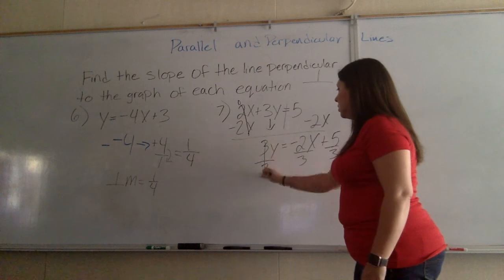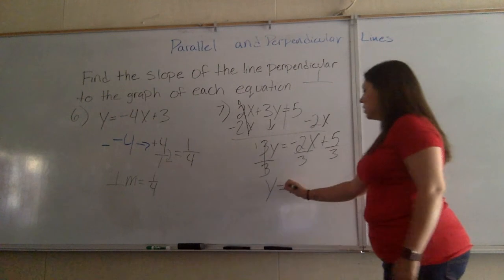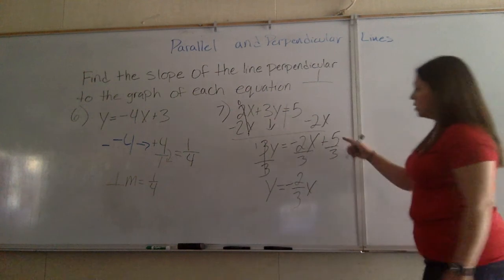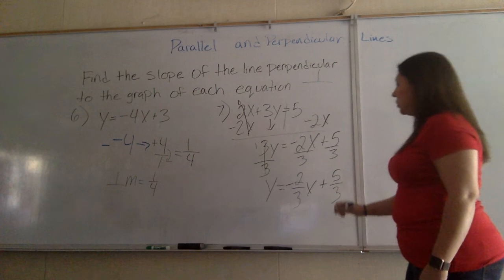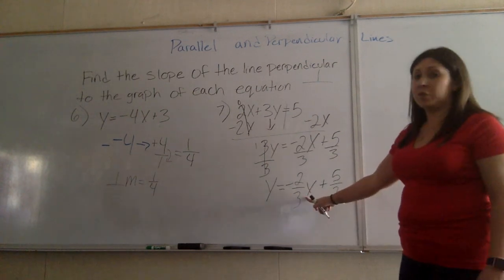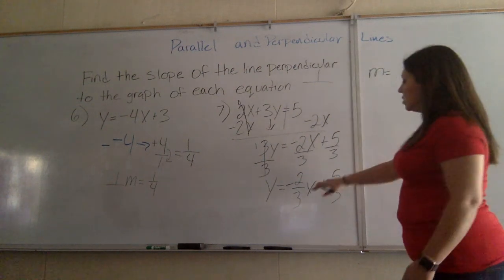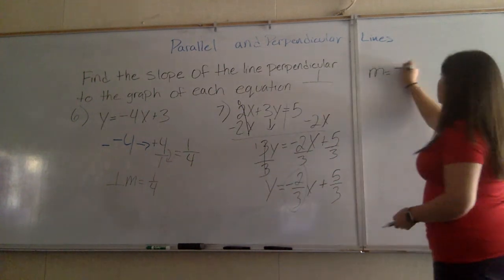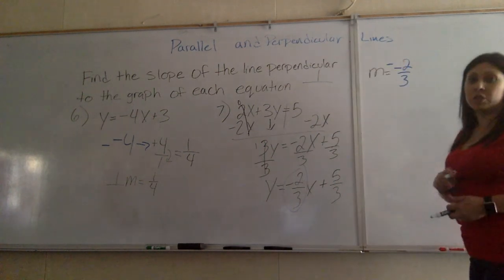This becomes a 1. Y equals, I can't simplify that, so I'm going to get -2/3x. Can't simplify that either, so it's going to be +5/3. If I want to find the perpendicular slope for this line, I have to take the slope, -2/3, and multiply it by an additional negative.